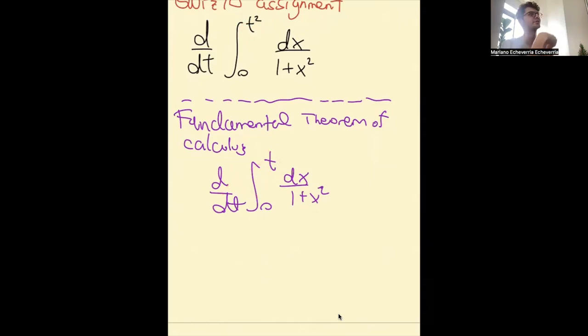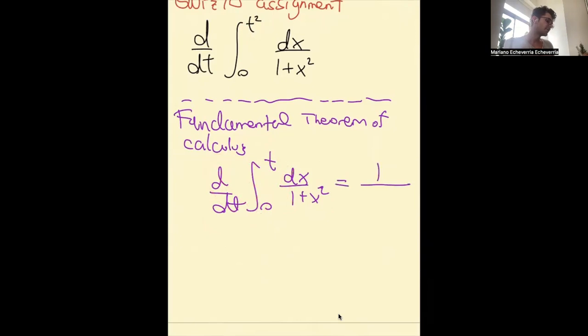They're like exponential and natural log. Whenever a derivative meets an integral, they kill each other. They vanish together. So they disintegrate. The rule is that you're just left with the function that's inside.